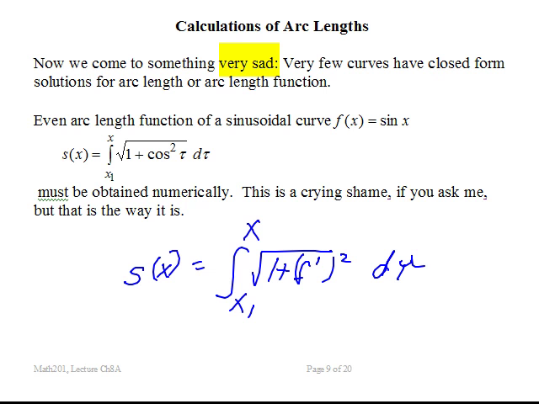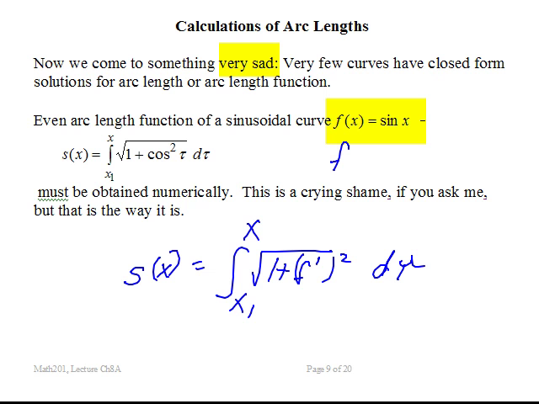I give an example here of the sinusoidal curve. I think it's given as one of the exercises in Stewart, or maybe it's in Thomas' calculus textbook. And you have this very common curve, a sinusoidal curve. So if you set up this arc length function here, you would take first the derivative.